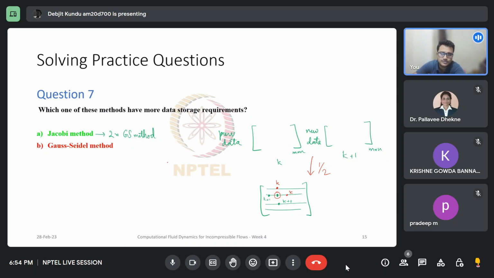So it turns out Jacobi method is not so good, right? It has slow convergence, as we saw earlier. Then it has more data storage requirement as well. So there are many disadvantages to the Jacobi method, which has led to making it almost obsolete. But it is still taught in CFD classes because of its simplicity, and it does have historical significance.